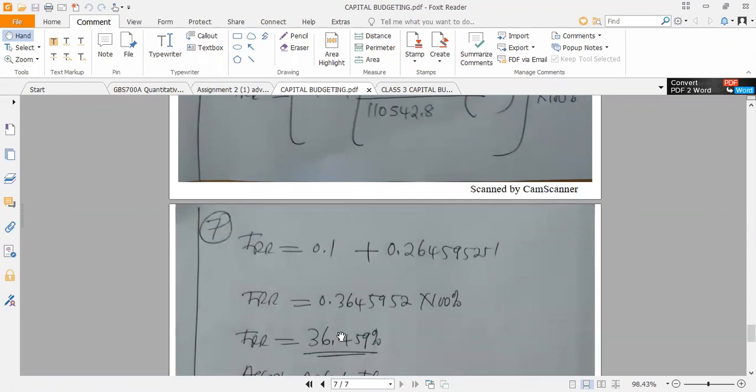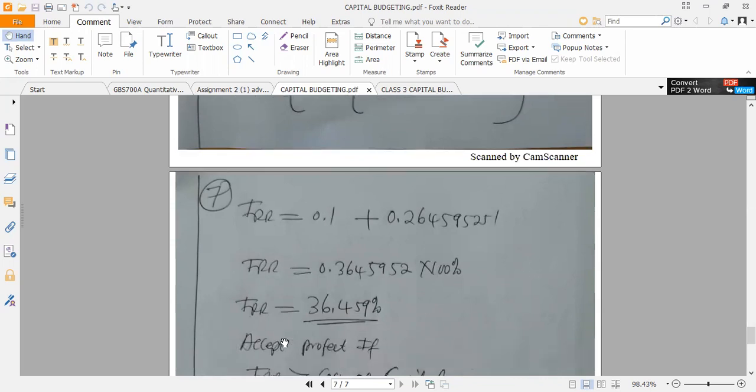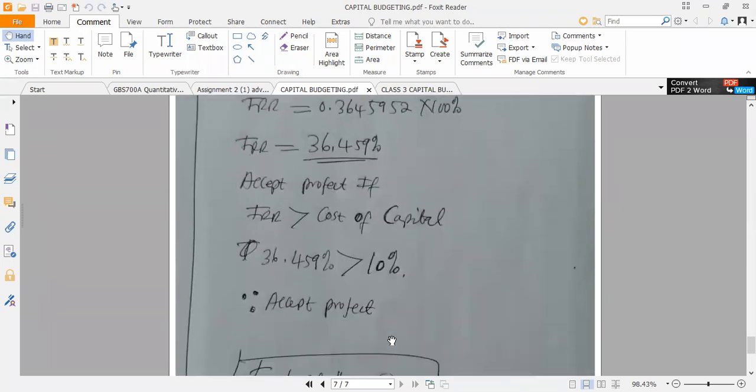So this clearly indicates that if the internal rate of return is greater than the cost of capital of 10%, then you accept the project, otherwise reject the project. I'm sure you are able to check the figure that we have obtained.